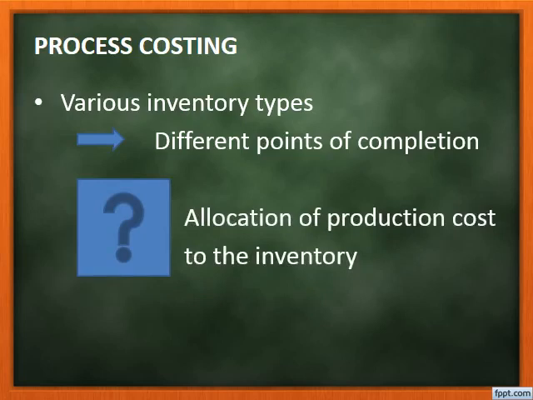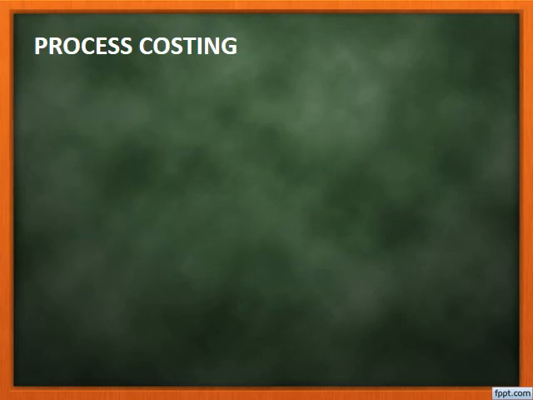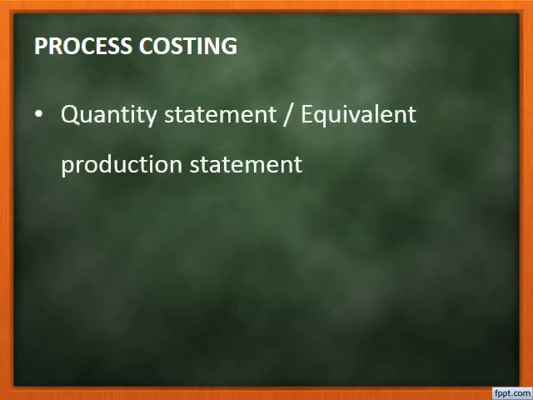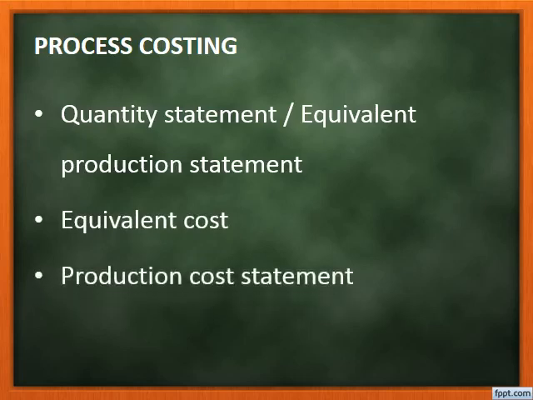To address this challenge, you need to understand the following key principles of process costing. The preparation of a quantity statement or equivalent production statement, equivalent cost, and allocation cost using the production cost statement.